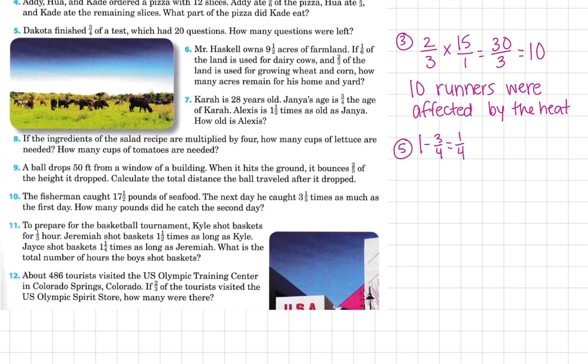And so how many questions are left? There are 20 questions total, and he has 1/4 of the test left. So we would do 1/4 of 20: 20 divided by 4, which equals 5. So he has 5 questions left.